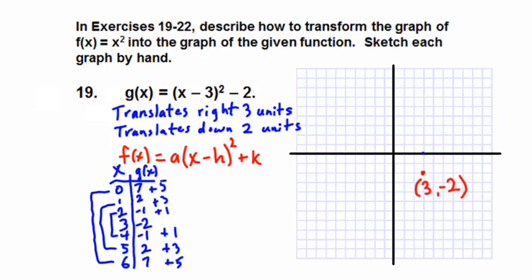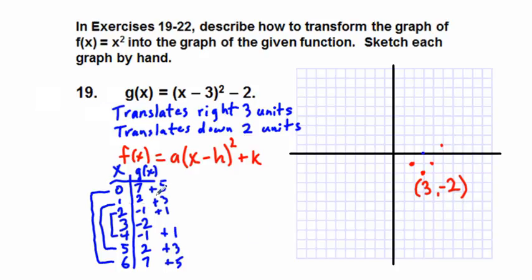So we can finish graphing our points. We have 4, negative 1. We have 2, negative 1. We have 5, 2, so that goes up here.